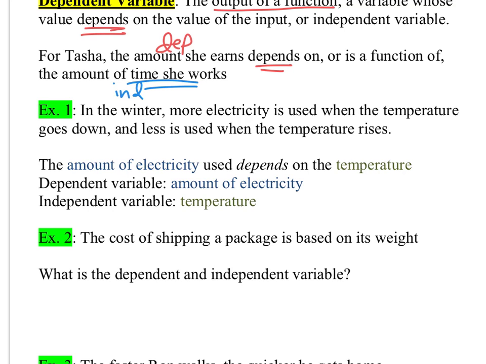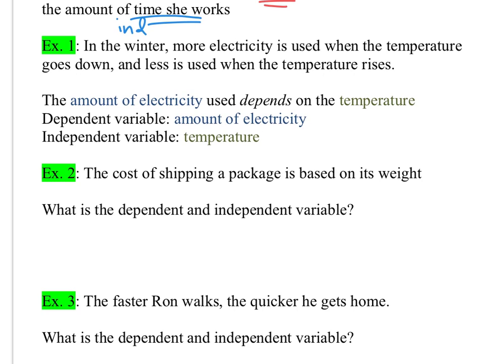So let's look at example 1. In the winter, more electricity is used when the temperature goes down, and less is used when the temperature rises. So you want to ask yourself what things are being compared. So we're comparing electricity used and temperature. So determine what drives what. Does the electricity used determine what the temperature is outside, or does the temperature outside determine how much electricity is used?